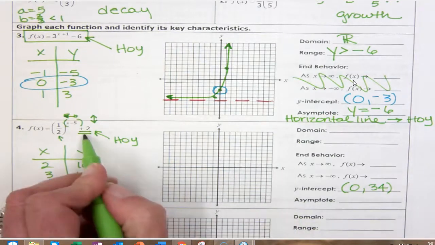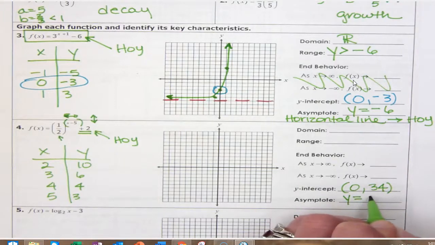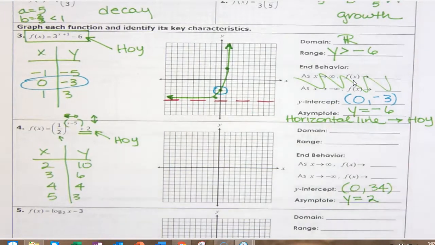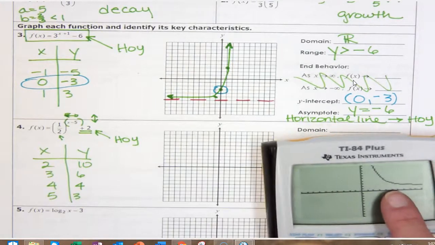My horizontal asymptote is this value right here, y equals 2. And you can see from the graph, it's going to approach but not ever touch the 2.